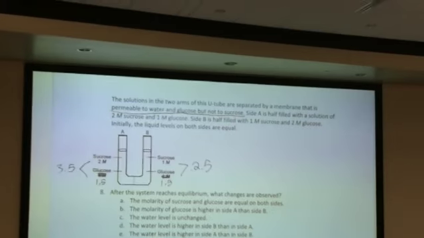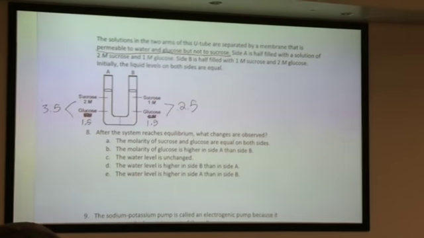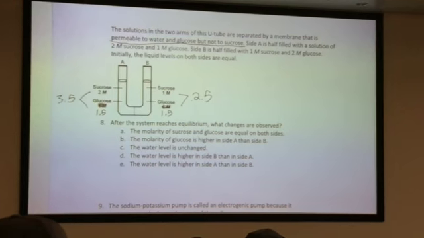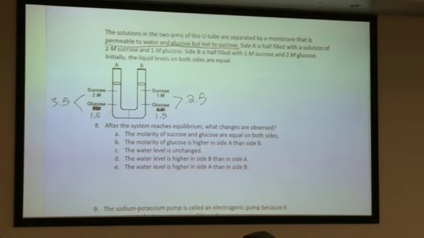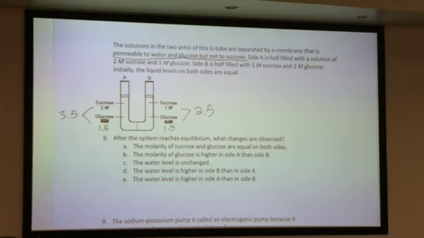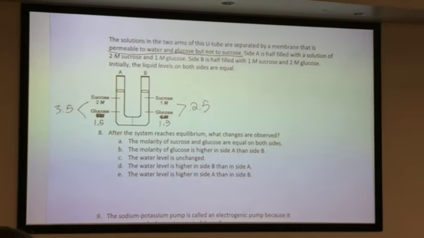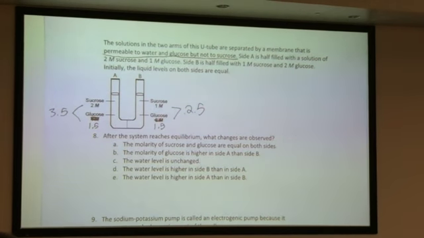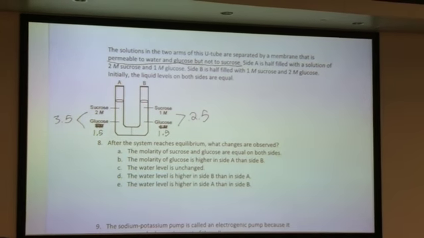So the water wants to go where there's more solute. The best way that I always remembered it, however you want to remember it is fine by me, is to think about it like you're making soup, okay? And you realize that the soup is too salty. So do you want to take water out of it or put water into it to fix it? You want to put water into it to dilute it, right?